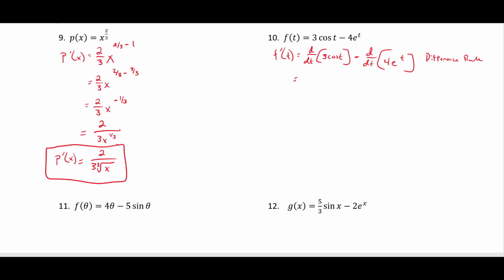And then, well, constant multiple rule tells us we can pull that constant out of the derivative. So this is 3 derivative with respect to t of cosine t minus, same idea over here, 4 can come out since it's a constant, derivative with respect to t of e to the t. So that's our constant multiple rule.